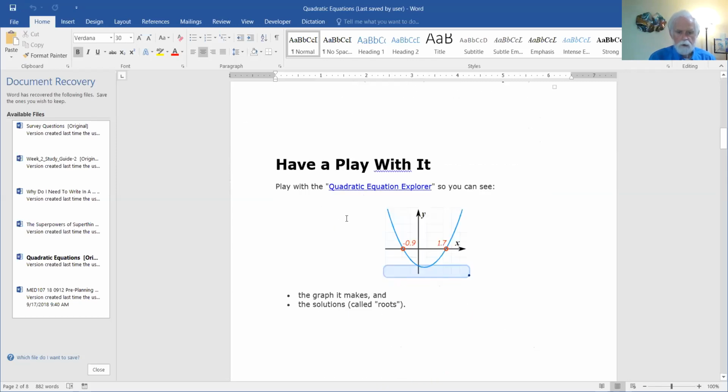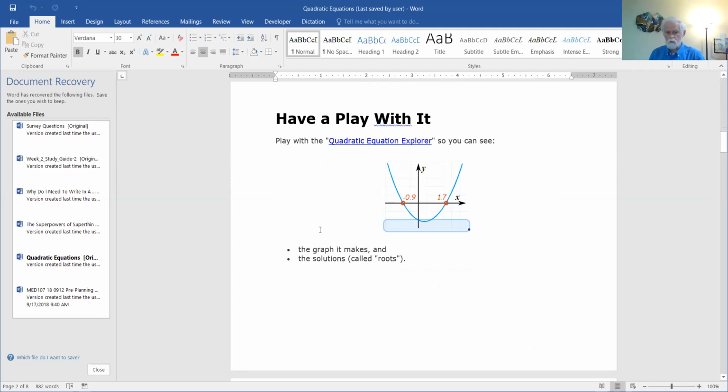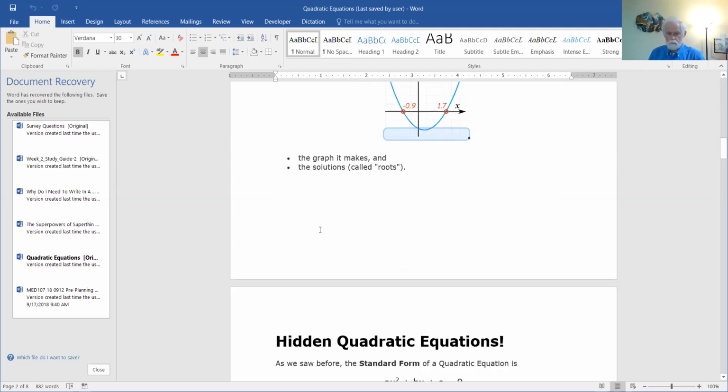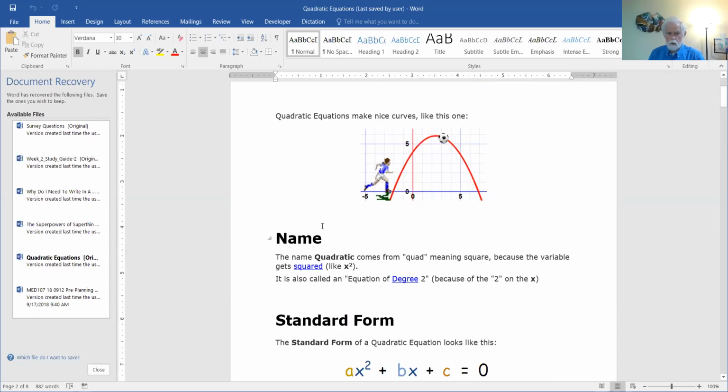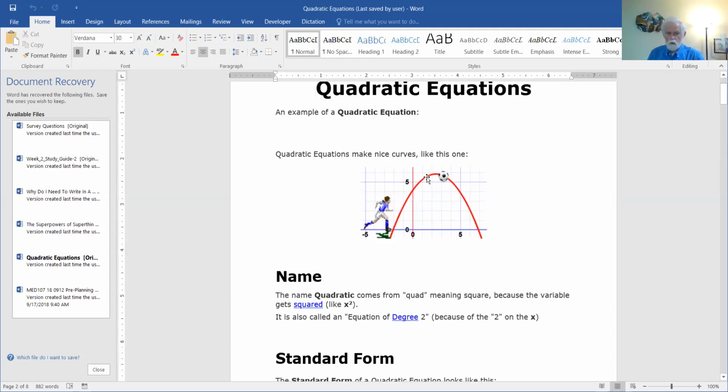Now, there are lots of ways to solve it. The solutions are often called the roots of the equation. There are some complex ways of doing it, or we can simply create a table: pick a value of x, calculate y.